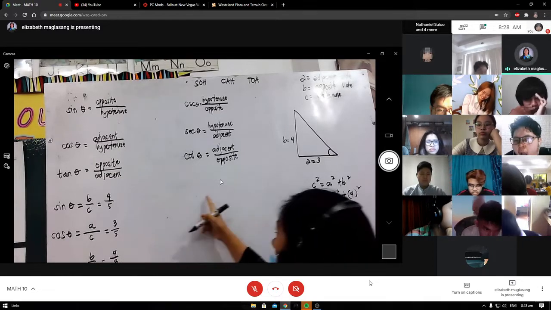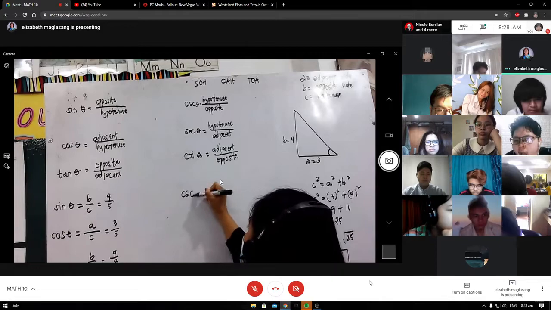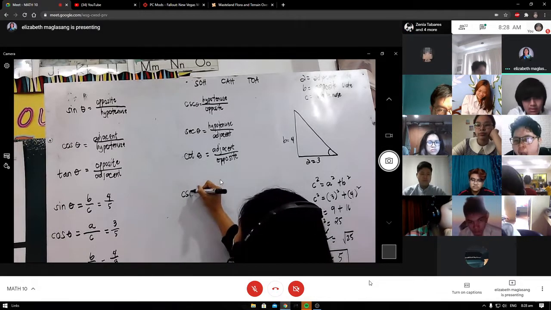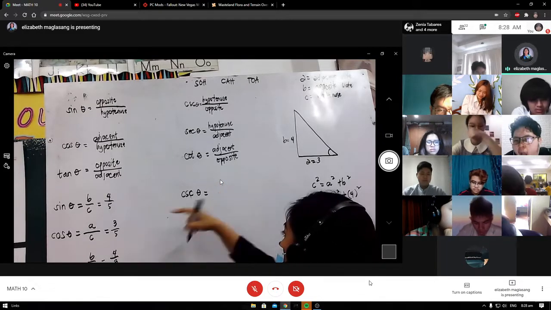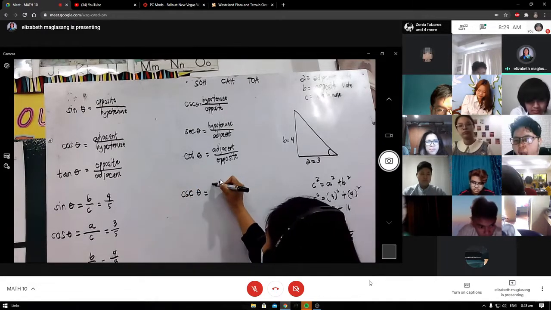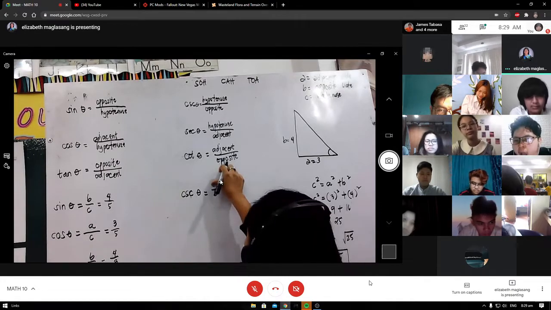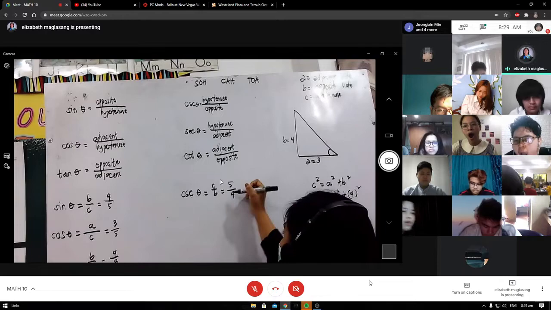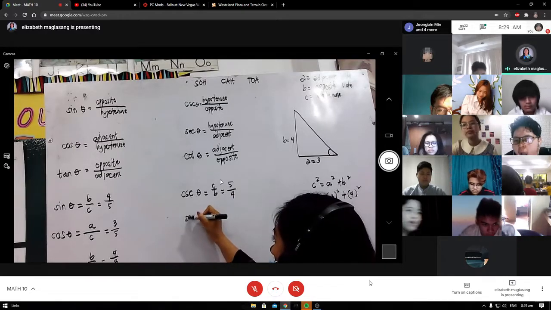Okay, let's have cosecant. Cosecant theta, the opposite of the sine, is C over B, which is 5 over 4. What about the secant theta?